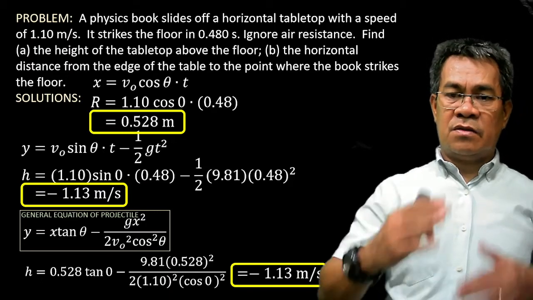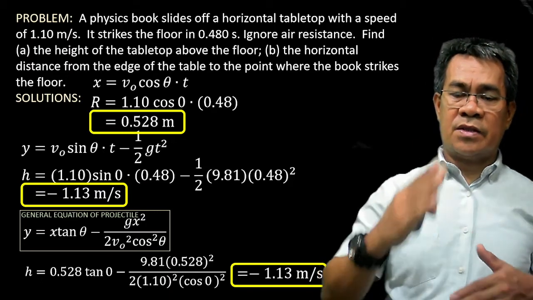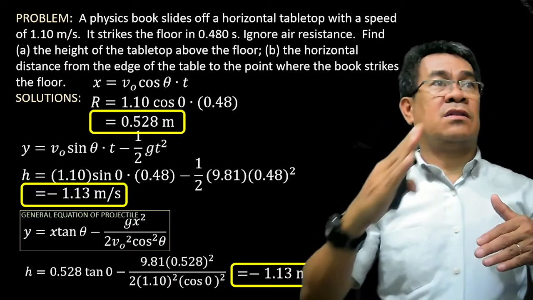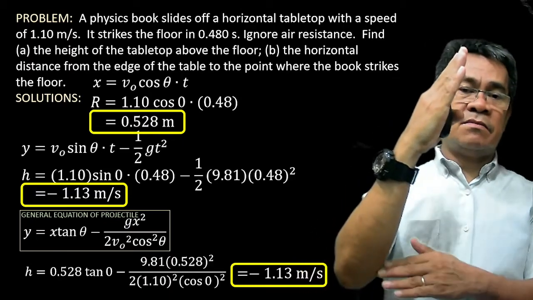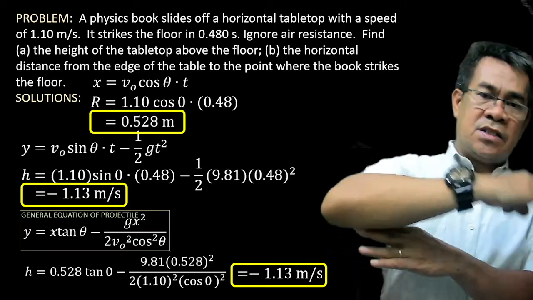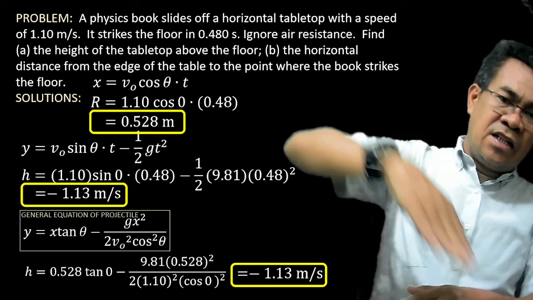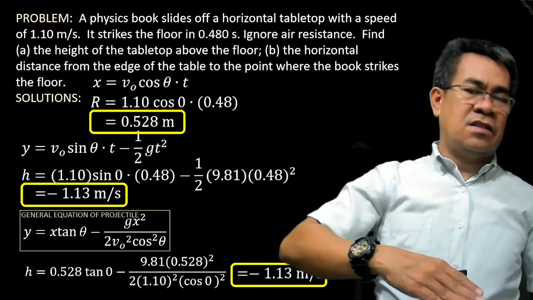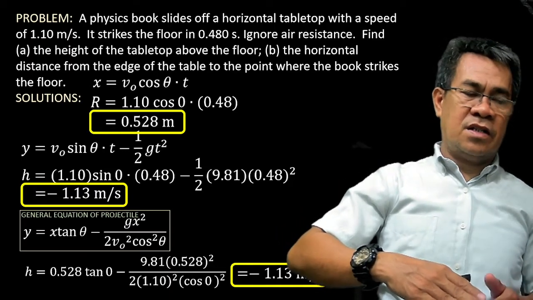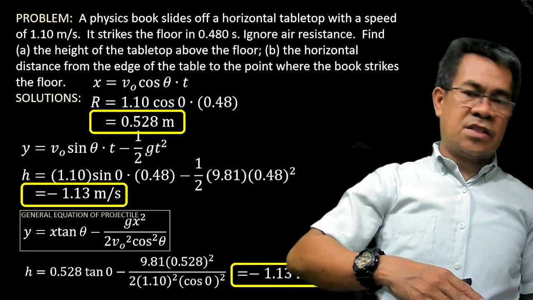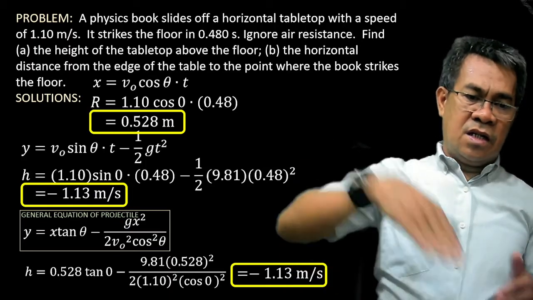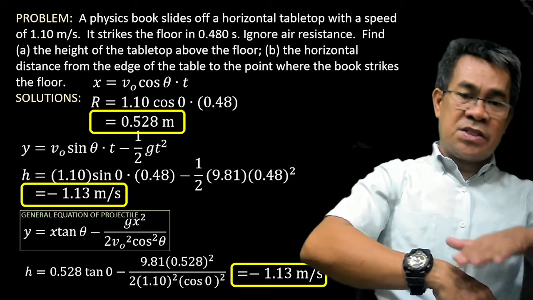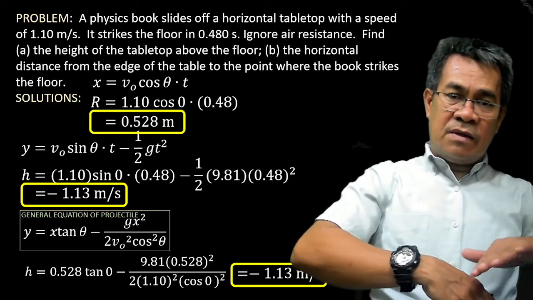Now be careful with the general equation formula, because when the initial velocity is directed upward, the angle is positive. If the velocity is directed downward, just like sliding on an inclined plane, and then at the end of the incline there is a trajectory or projectile motion, then the angle is negative. It is measured from the horizontal, because the angle of projection always comes from the positive x.